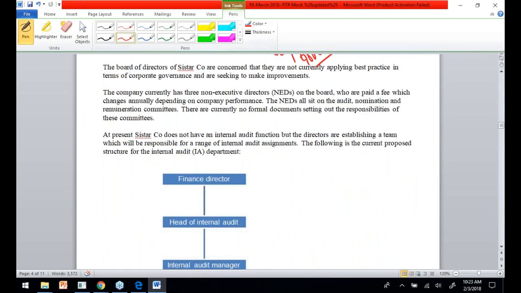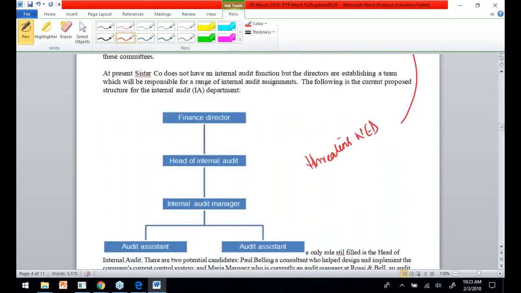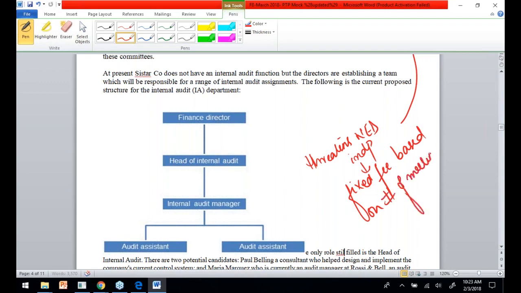The company currently has 3 non-executive directors on the board who are paid a fee which changes annually depending on company performance. Now, you know that threatens NED independence, all right? Independence. You also need to know that NEDs need to be paid a fixed fee based on the number of meetings attended.